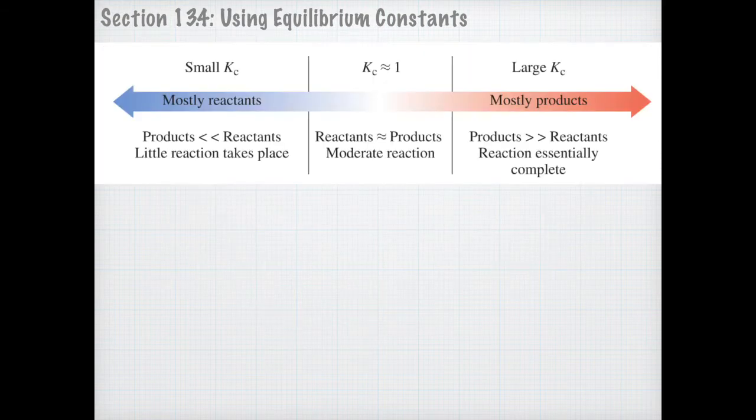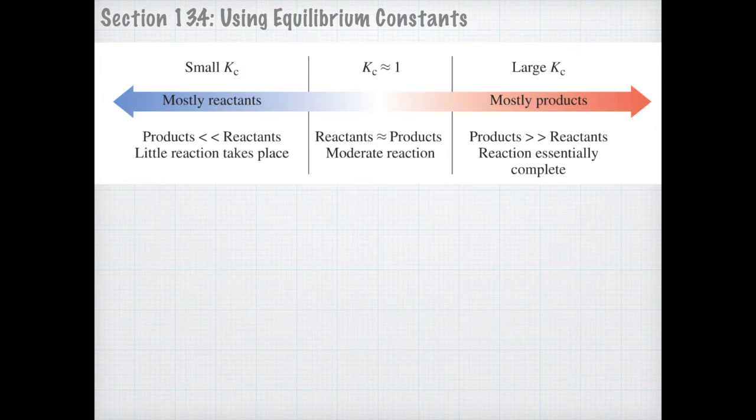So let's look at this. Here, if your KEQ, also called your KC, because we used concentration, if it's around 1, that means you have about equal amounts of reactants and products. Okay? If your KC is large, if it's much larger than 1, what that means is that your products are favored, meaning that your forward reaction is essentially complete, because the forward reaction proceeded to produce mostly products, meaning you have very little reactants left over.